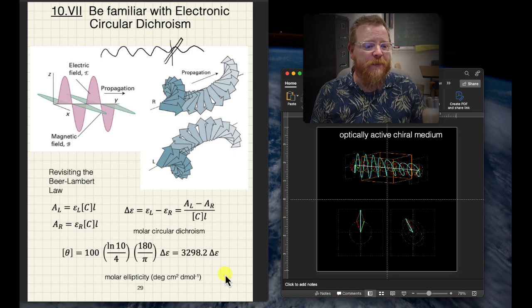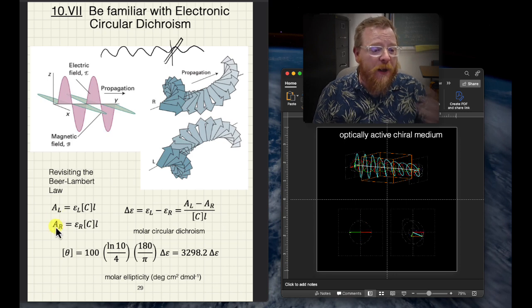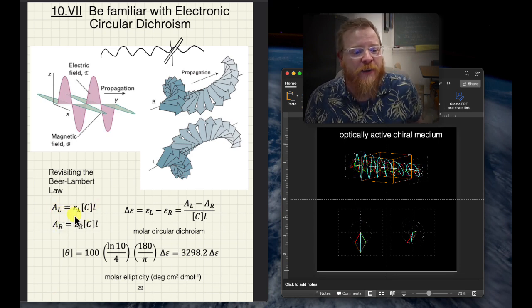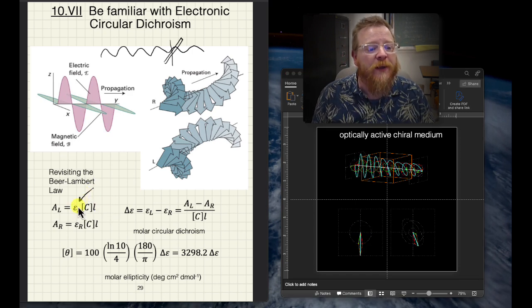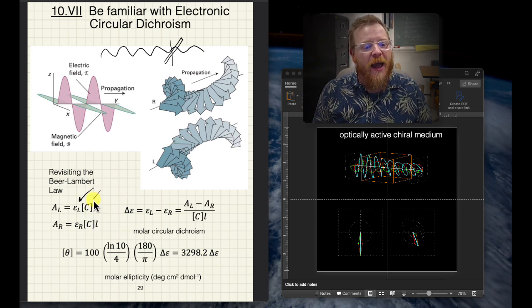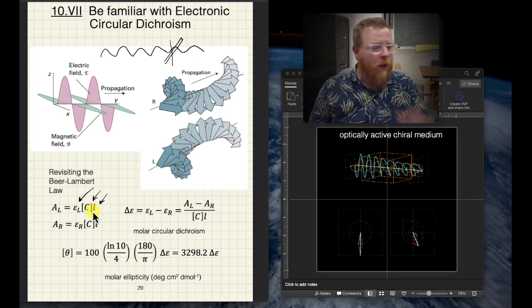So revisiting the Beer-Lambert law, we can draft up the absorbance of left-handed light with the following equation: A_L equals epsilon_L times C times L, where we remember epsilon is our molar absorptivity coefficient, and concentration and path length have their normal meaning.